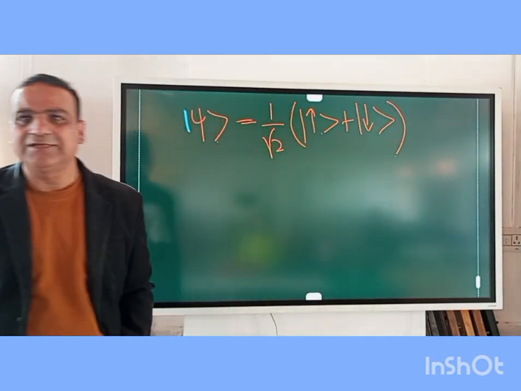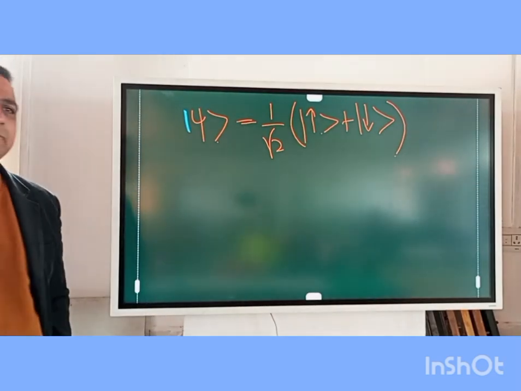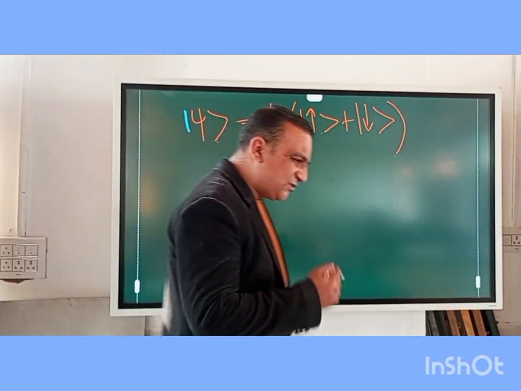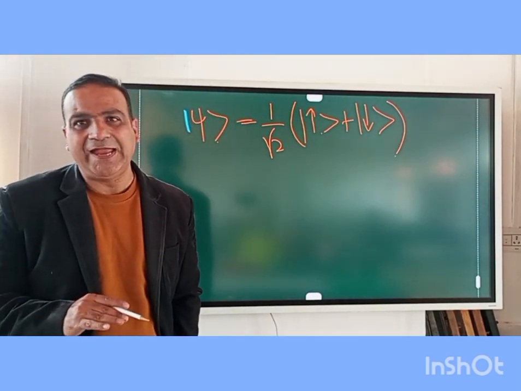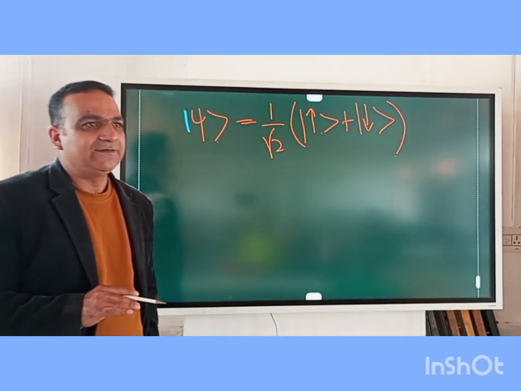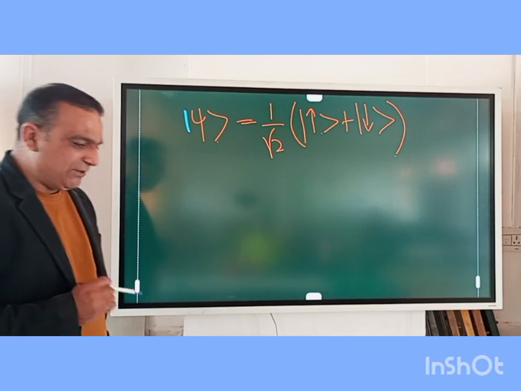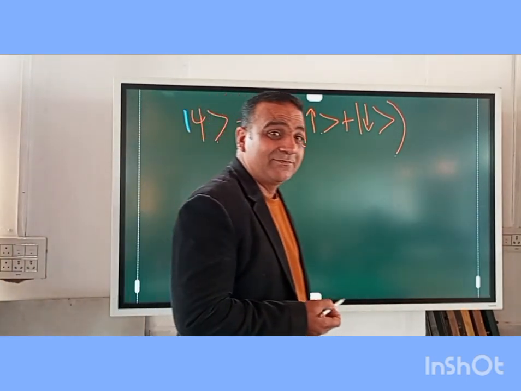What does this equation tell us? This equation tells us that the spin of an electron is in superposition, right?